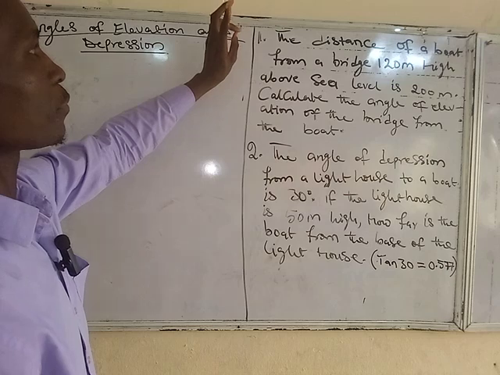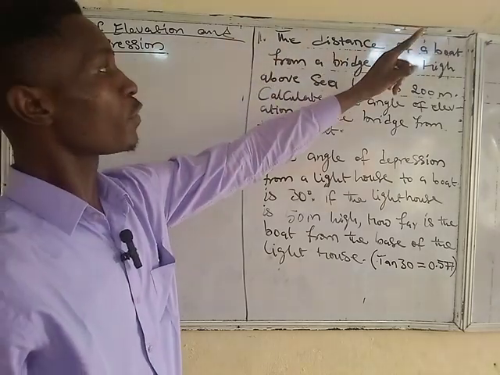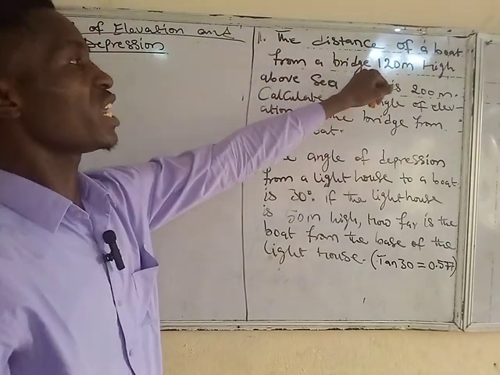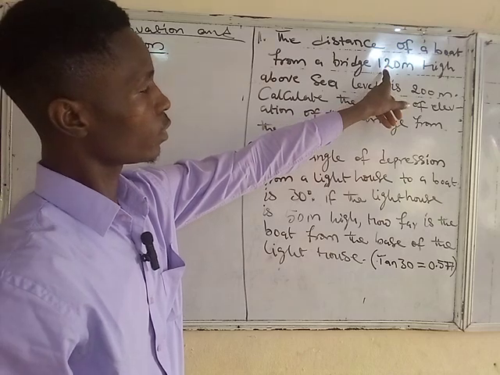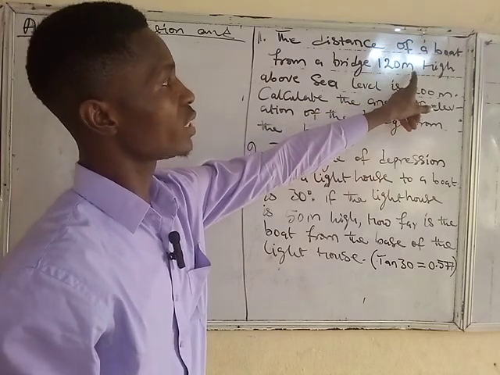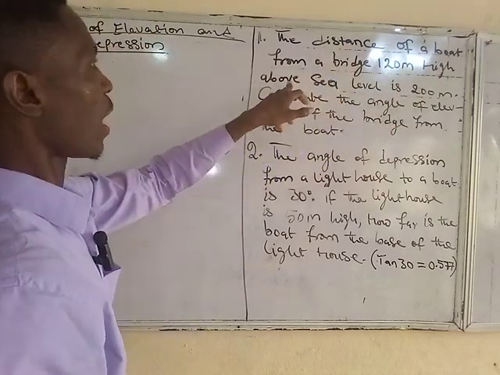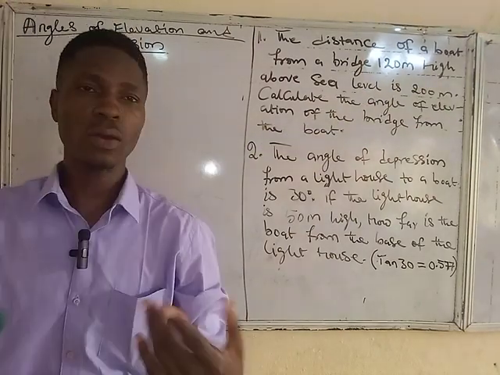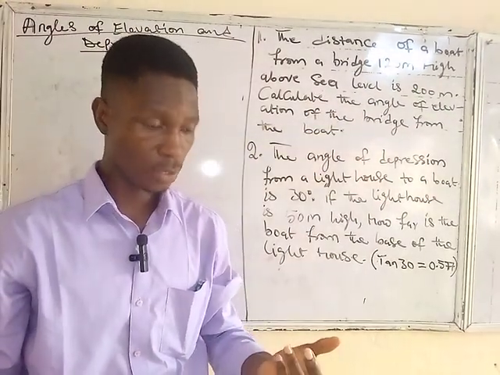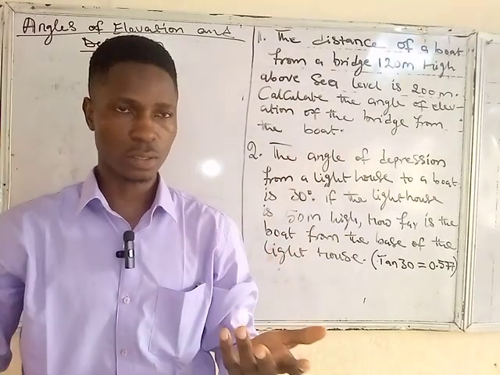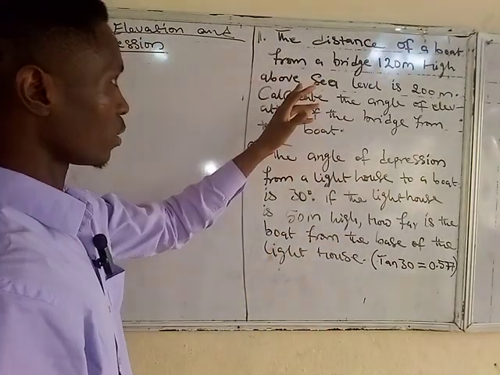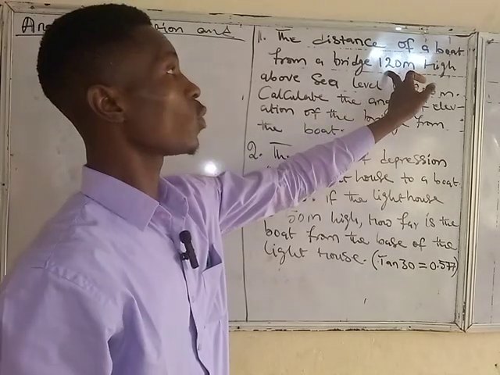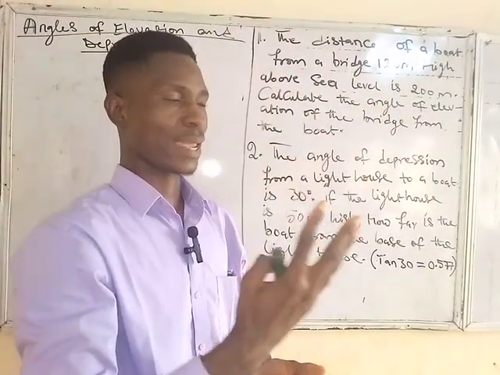Now, we have the distance of a boat from a bridge 120 meters high above sea level is 200 meters. The second thing you have to take note of is your ability to interpret the question. Like this question, we are saying that the bridge is 120 meters high.